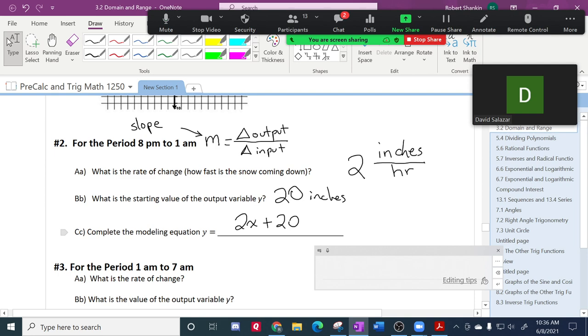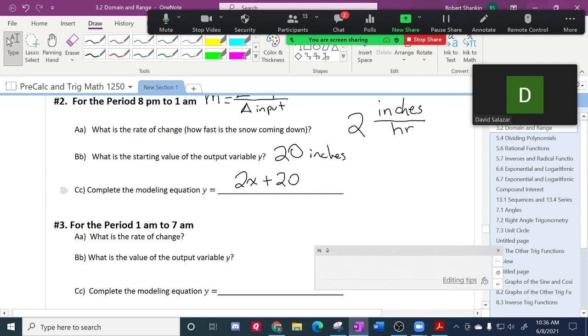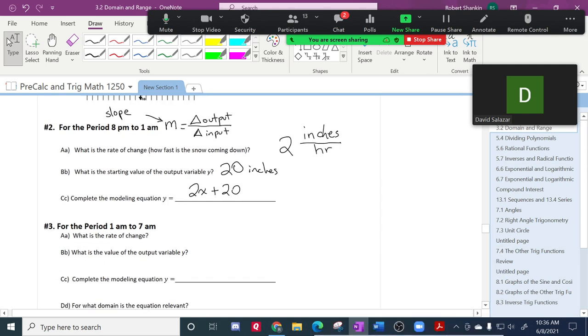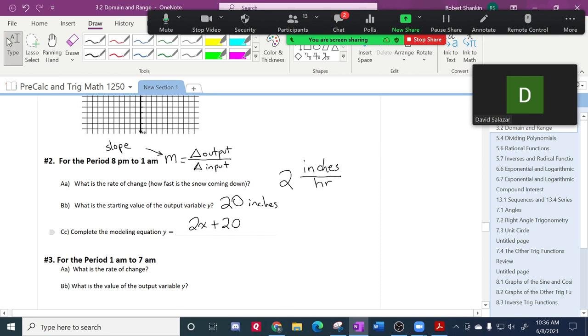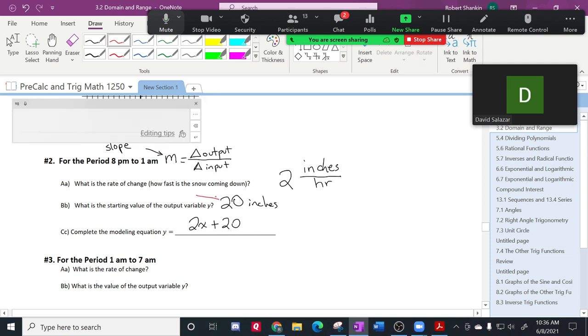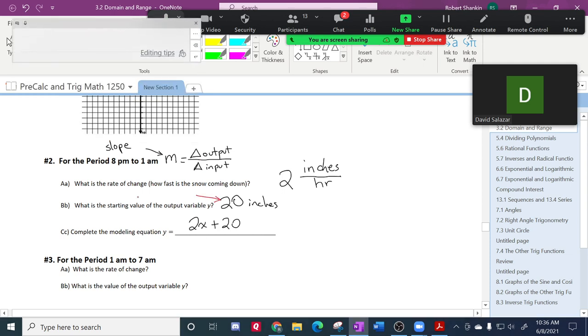You are right. And the format that we're using here, let me point this out. This is the same as, that's the slope. There's a fancy name for this one. It's called the y-intercept. The starting value, what we mean by starting value is when x is 0.